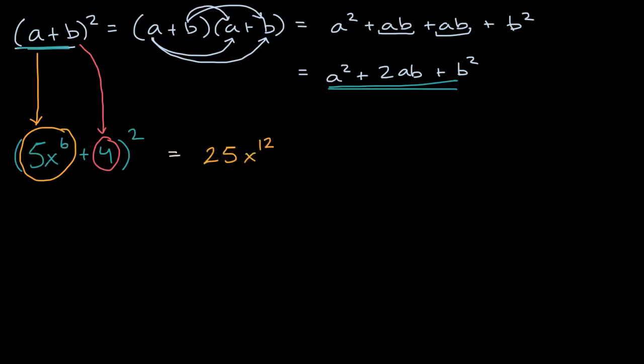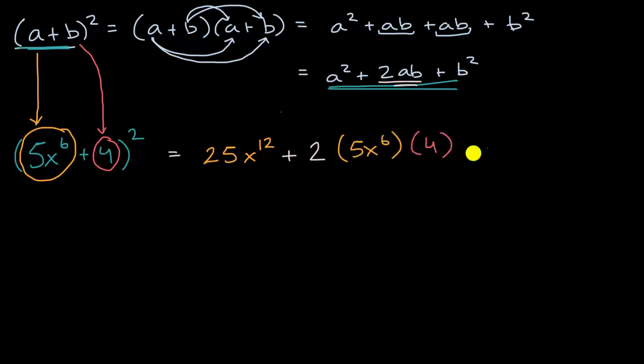And then it's going to be plus 2 times a times b. So plus 2 times 5x to the 6th times 4. Actually, let me just write it out just so we don't confuse ourselves. 2 times 5x to the 6th times 4, plus b squared.